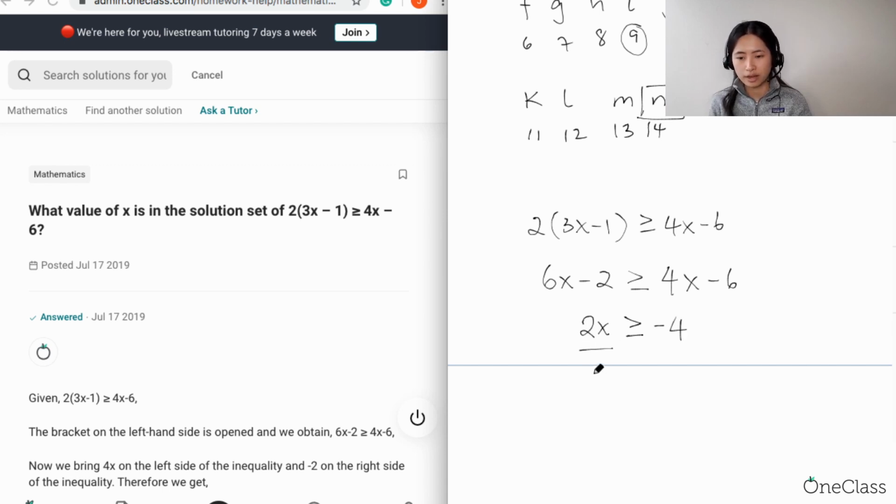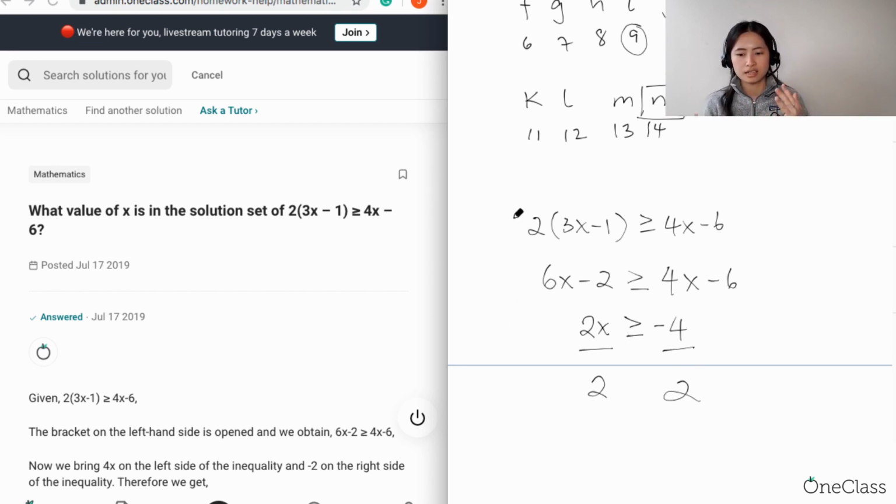Then you're going to divide both sides by 2. Because this negative sign is not on the coefficient of 2, there is no need to flip the direction of your inequality symbol. If it's greater than or equal to, it will remain the same.